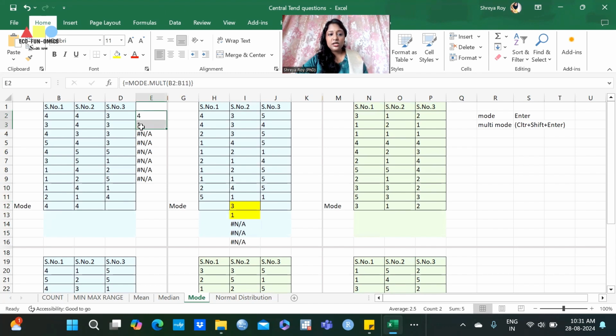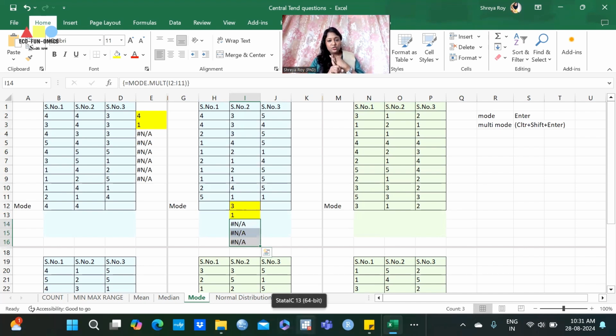Similarly, here 4 and 1 was reported, and the remaining cells become not applicable because there was nothing more to report. Okay. So far we have learned count, we have learned minimum, maximum, range. We have learned mean, we have learned median, we have learned mode, and we have learned multi-mode.